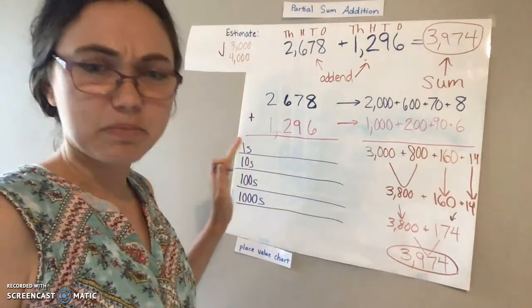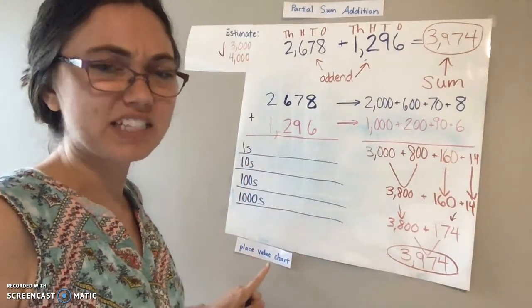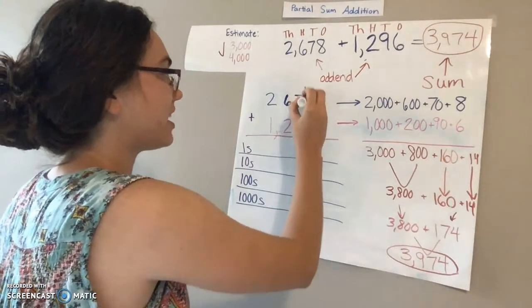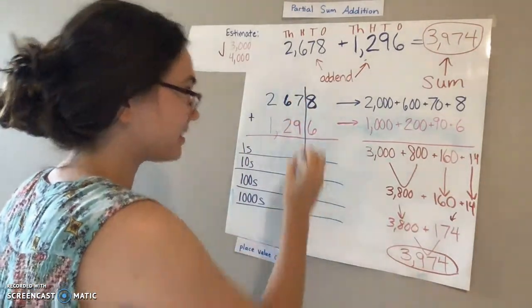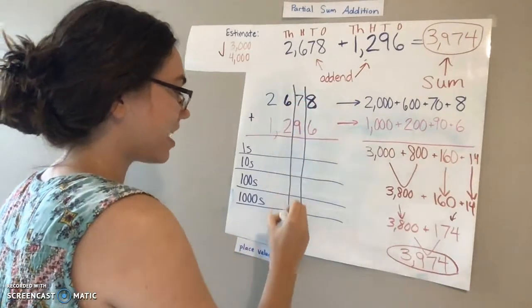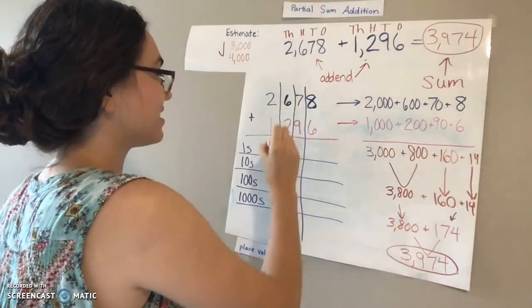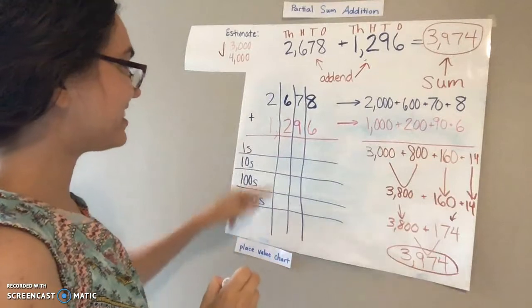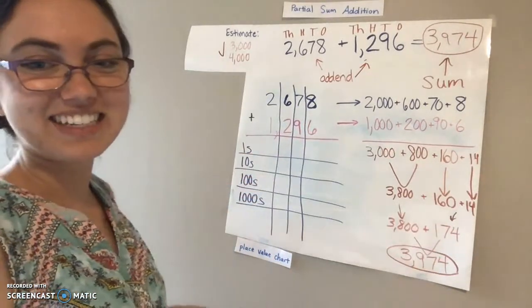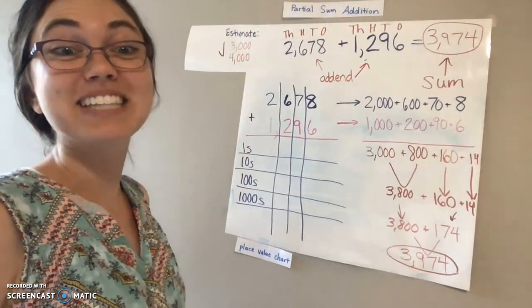And then we said for the place value chart, place value was very important, so we lined up our ones, our tens, our hundreds, and finally our thousands. And we were able to solve that way.